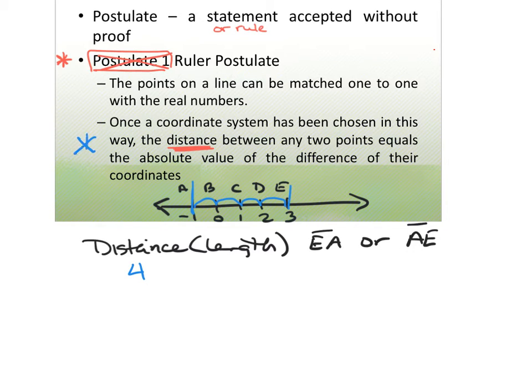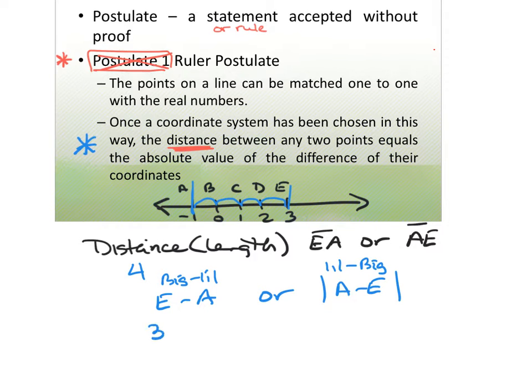Or we can do like it says here and subtract. So we could do E minus A, or we could do A minus E. But again, if we do this one, we have to find the absolute value. So this is really big minus little, and this one's little minus big.